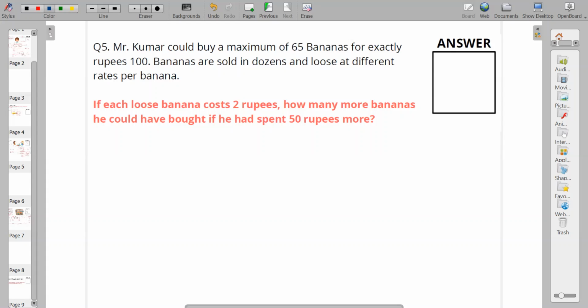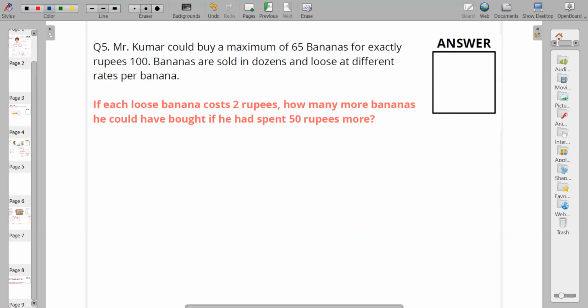So I did not get this one. Each loose banana costs 2 rupees, and they're saying that we can buy 65 bananas for exactly 100 rupees.